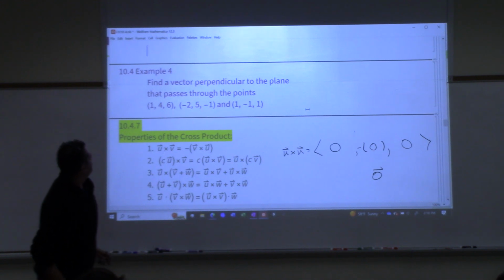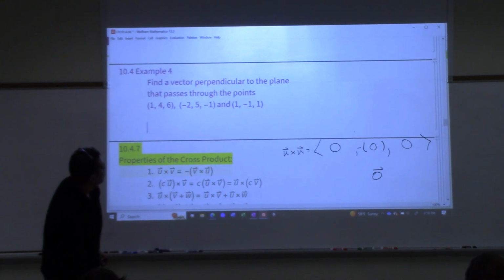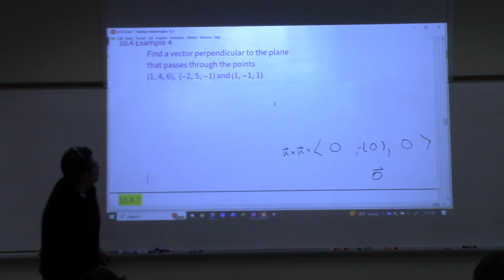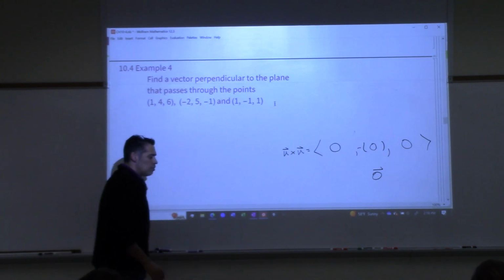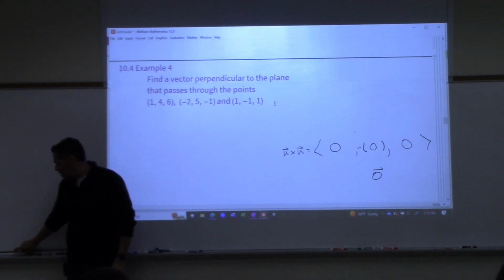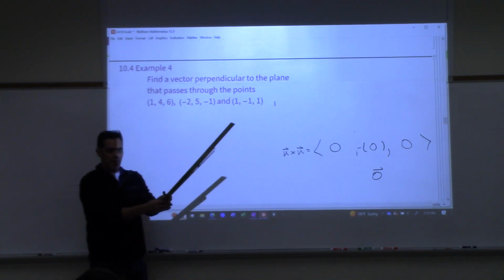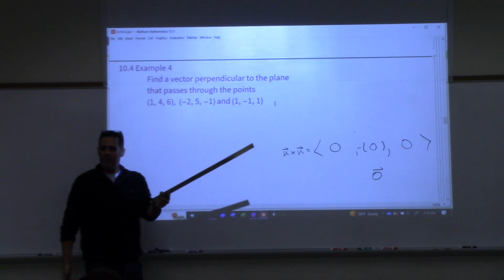Like, you can't be perpendicular to yourself. What are you referring to? The direction of the perpendicular. When you take a vector u and cross it with itself, you put another copy of it right over, and then I say cross them.